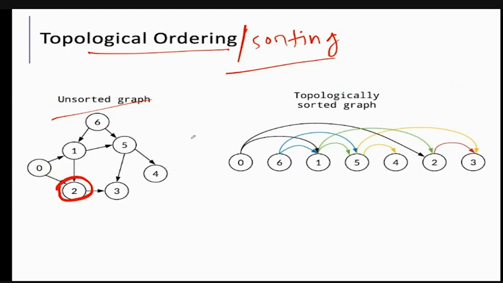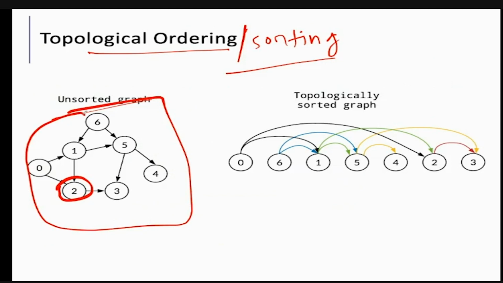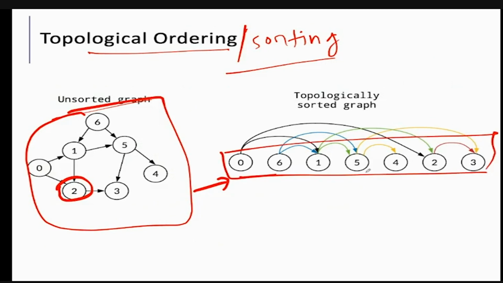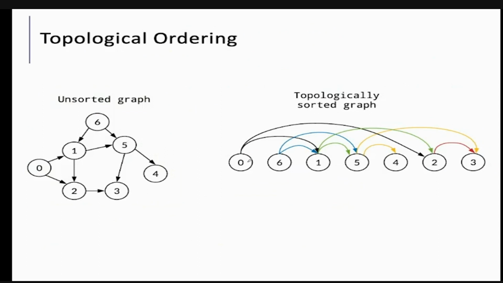What we want is, we are given one graph like this, and we want to linearly order our vertices in an order such that the edges are respected. See these edges. You have one edge from 0 to 1. So see, the edges are actually represented here.